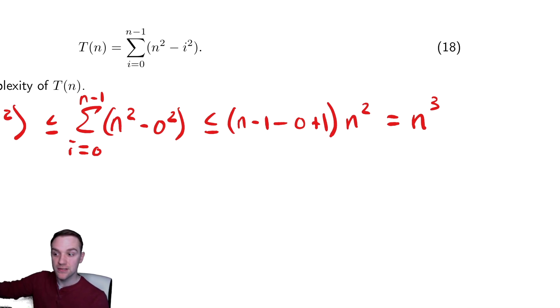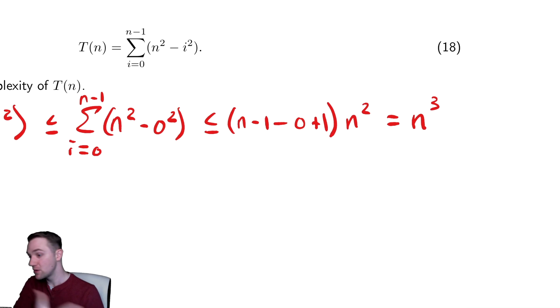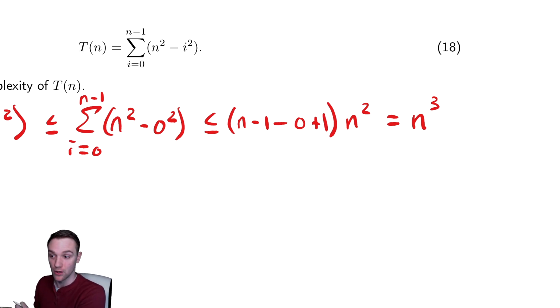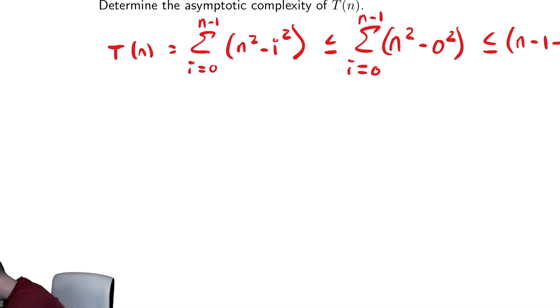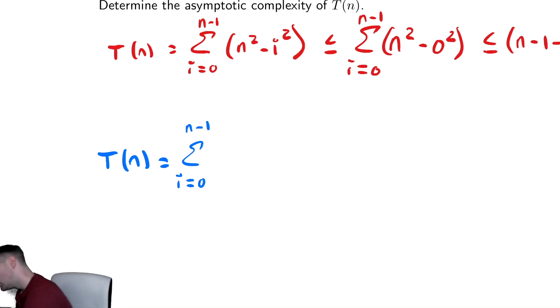Our technique that we used in the previous videos will still be very reasonable. However, we need to add a small asterisk just like we did here. Again, because it's decreasing, we're going to need to slightly modify our technique for bounding below. So, just as we did in the past, we're going to begin by writing down the summation. T of n is equal to the sum from I equals 0 to n minus 1 of n squared minus I squared.